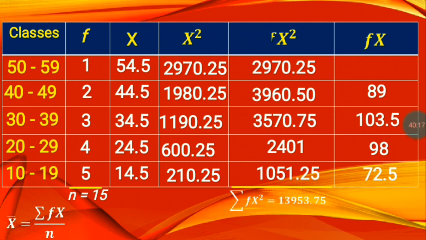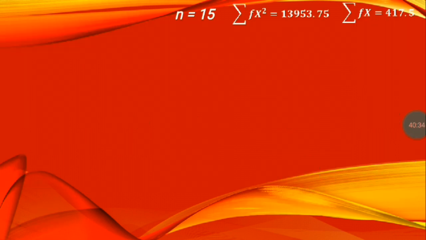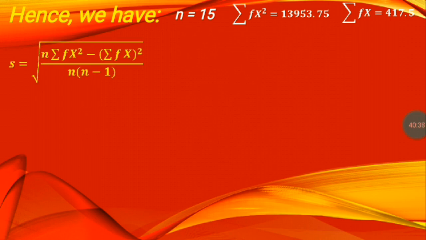Then 1 times 54.5, you have 54.5. Then after that, you are going to get the summation of fx. That gives you 417.5.